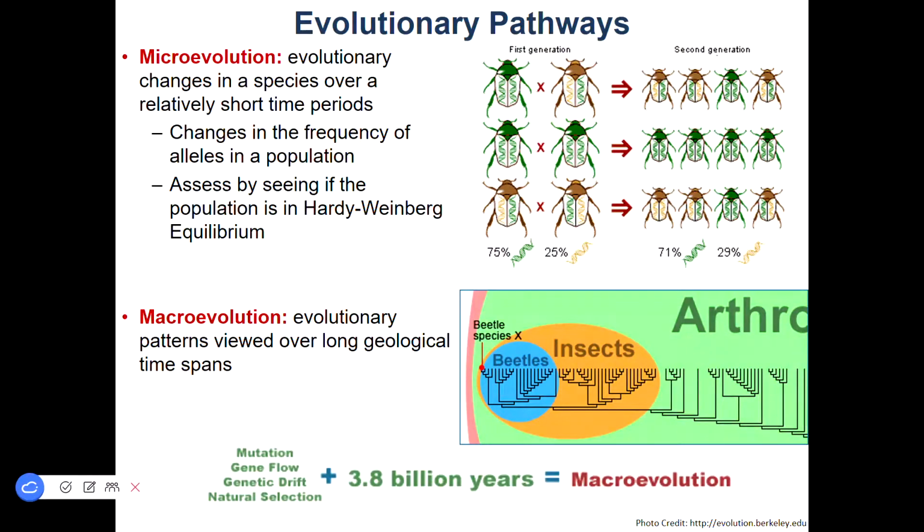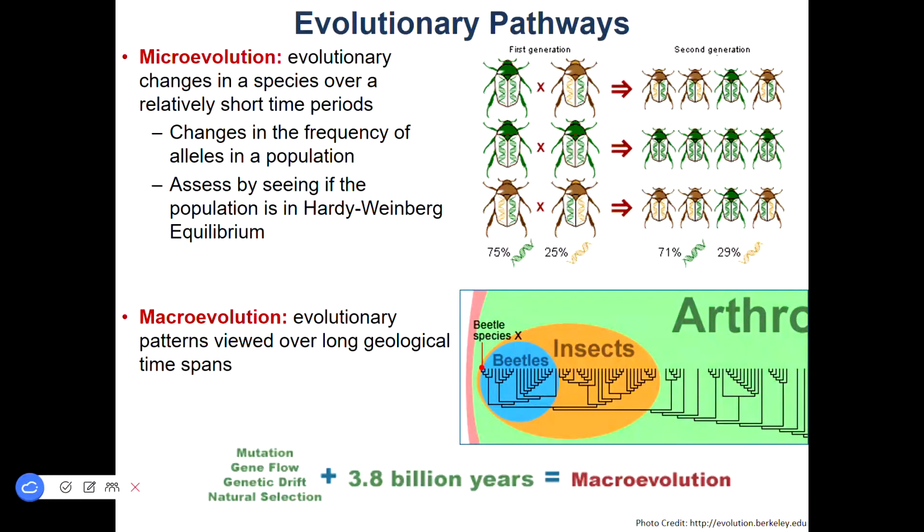And we know that beetles are more similar to other insects than they are to other organisms. And then we know this is arthropods. So we know that all arthropods, so spiders, ticks, crabs, shrimp, these are all more closely related to beetles than, say, mammals are. And so that's macroevolution.